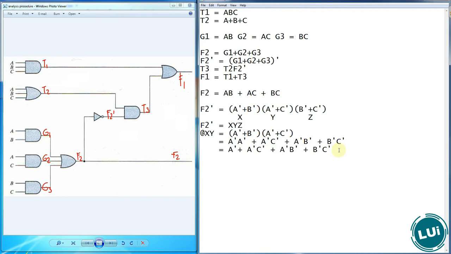So there we have XY. We simplified this and then we join it with Z. So your F2 prime now is equal to XYZ, where this is your XY and this is your Z.